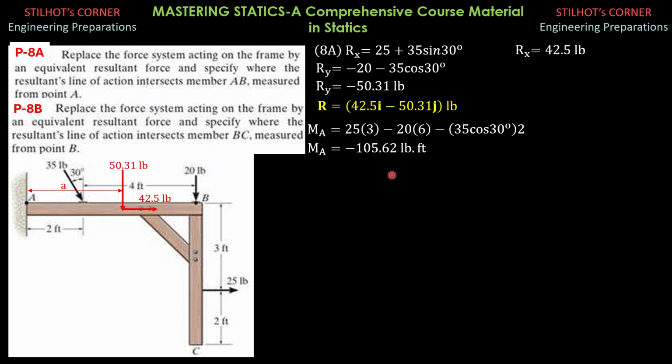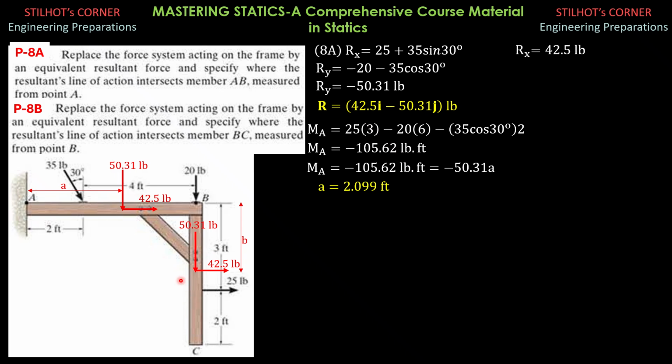So MA is negative 50.31 times A, and it is equal to negative 105.62. So solving for A is equal to 2.0999 feet.